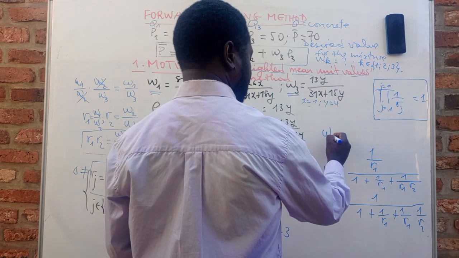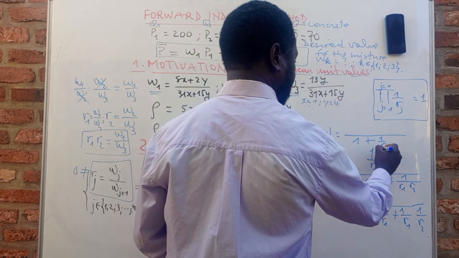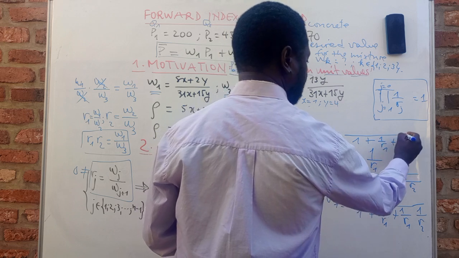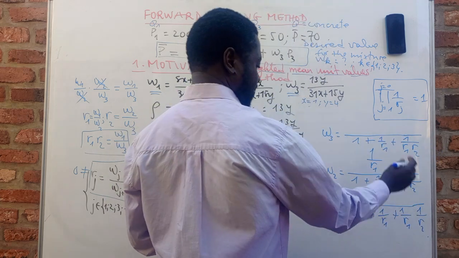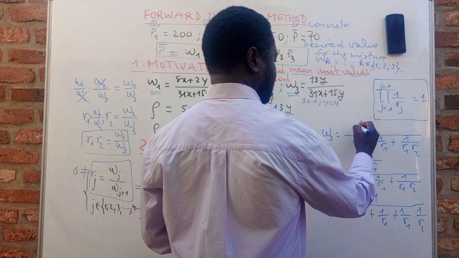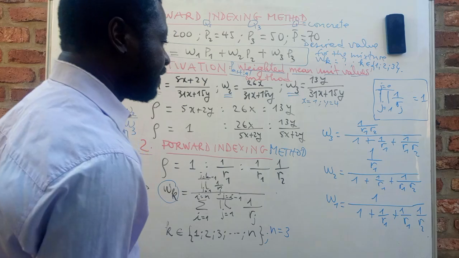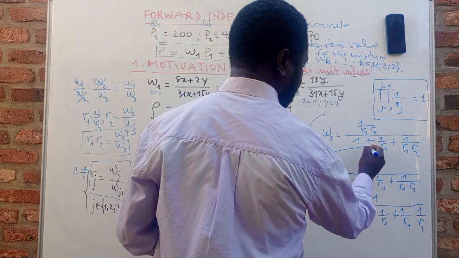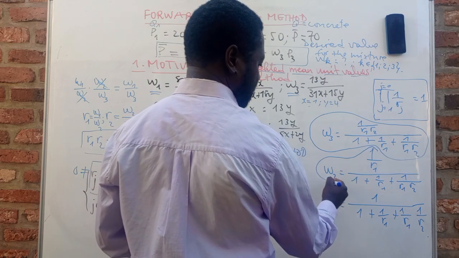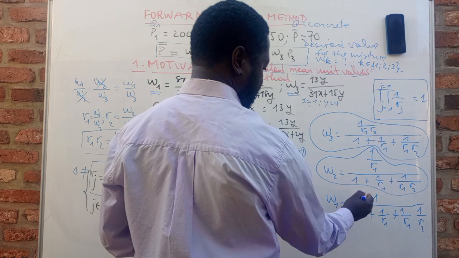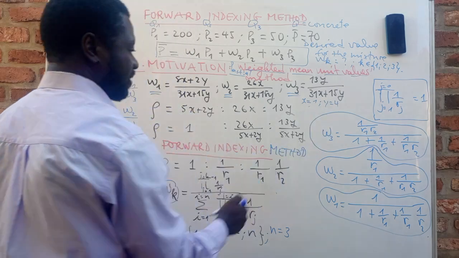So what about the third weight? It will have the same denominator, 1 plus 1 over R sub 1 plus 1 over R1 times R2. So the third term is 1 over R sub 1, R sub 2. So these are the 3 weights: the third weight that we are going to obtain, the second weight, and the first weight, first, second, third.